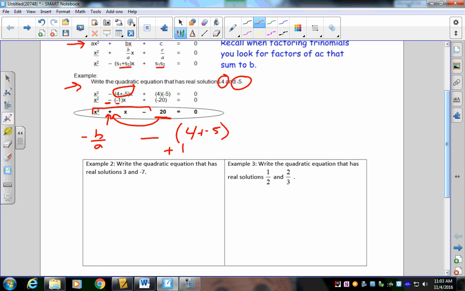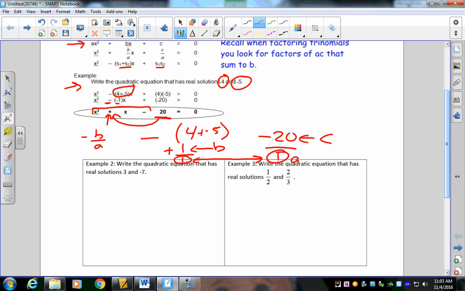So I've got this positive 1 over 1. So my a value is 1. When I multiplied the two together, I got negative 20 over 1. This number up top is your b. This number up top is your c. The number on the bottom, which hopefully is the same, is your a. And we'll talk about what happens if it's not shortly. So that's why there is no coefficient in front of x squared besides 1.